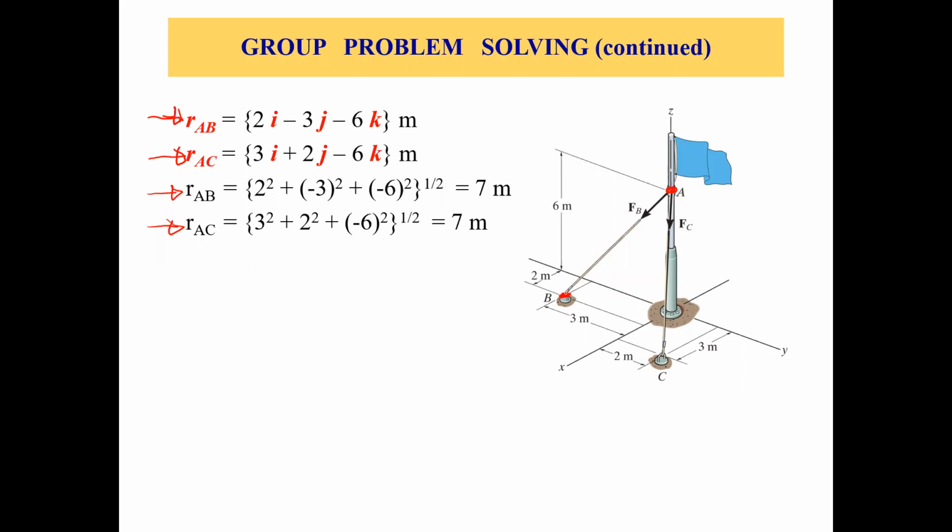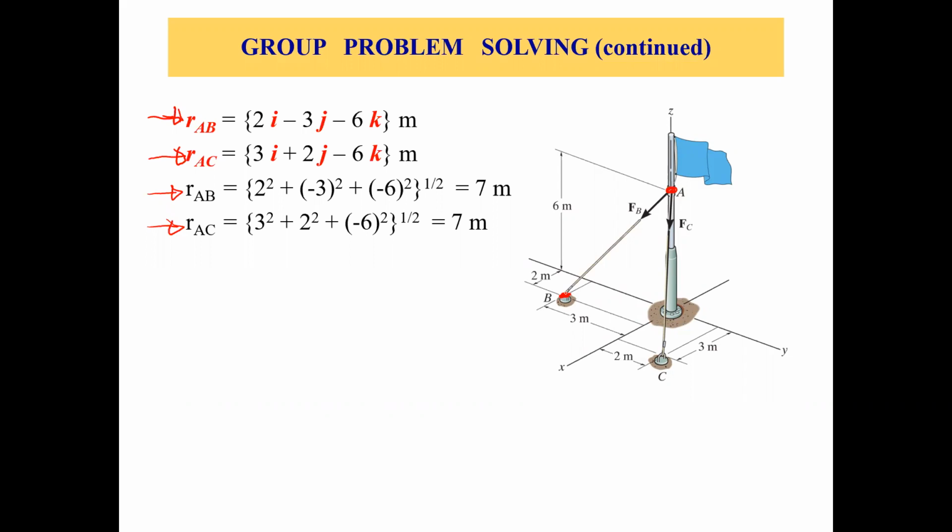Here B is the tip, A is the tail, because we are finding RAB, and we always do tip minus tail. So coordinates of point B minus coordinates of point A: XB minus XA, YB minus YA, and ZB minus ZA. Okay, so let's do that.